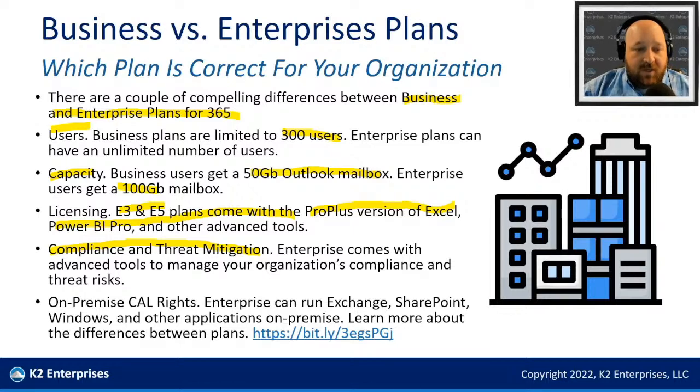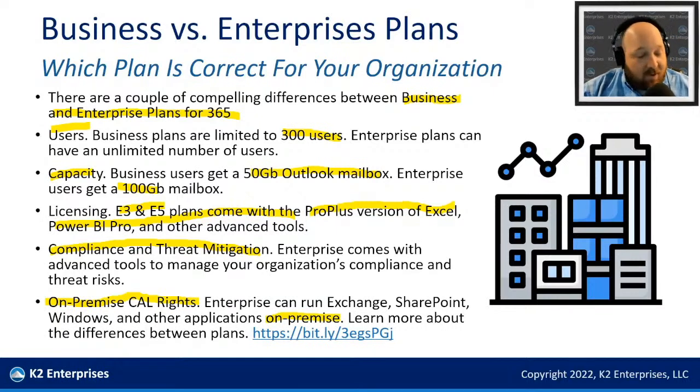And also with the enterprise plan, you get what are called on-premise CALs, and a CAL is a client access license. If you so desire, you can run Exchange, SharePoint, Windows, and other applications in your organization's data center or in your office. I don't know why you would ever want to do that. I don't. That just sounds like a nightmare to me.